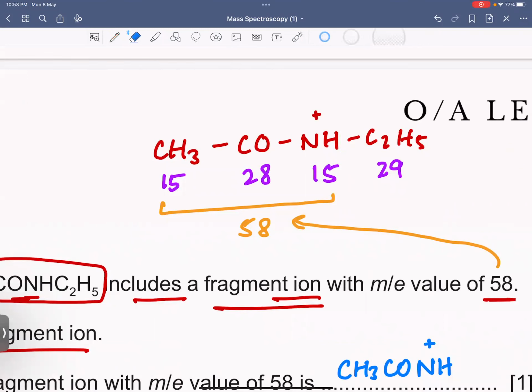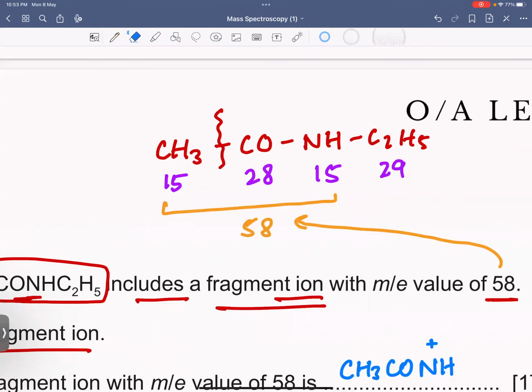For example, if they have given us some other mass and that mass is equal to these groups, then it must be broken from here. Then in that case, the positive charge must be over here. Is this clear to everyone? Yes, sir.